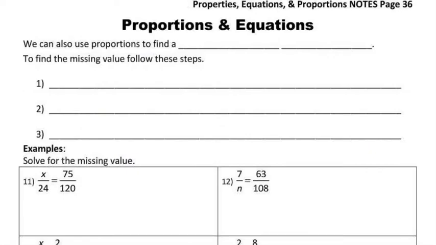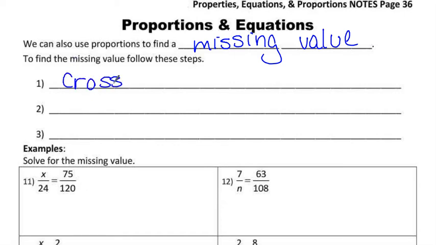So on the next page, we talk about proportions and equations. And if you look down in the examples, there's actually variables in these problems. So we can use proportions to find a missing value, and that's what our variables are. And to find the missing value, we do the following steps. We do the cross multiplying, so we do the butterfly.